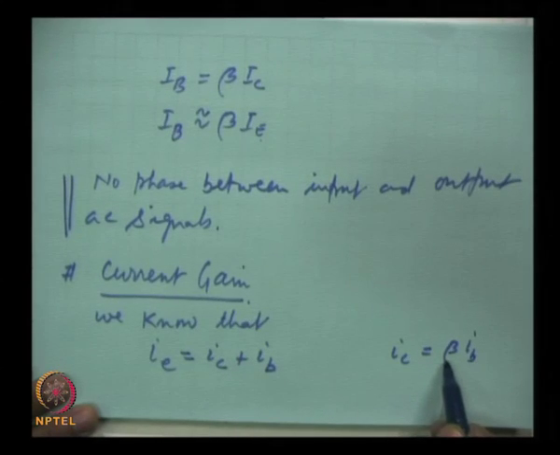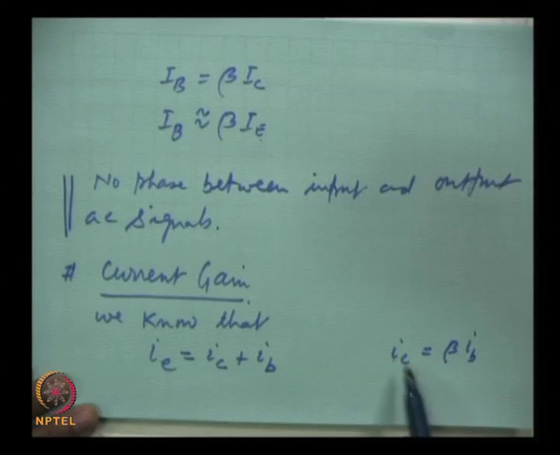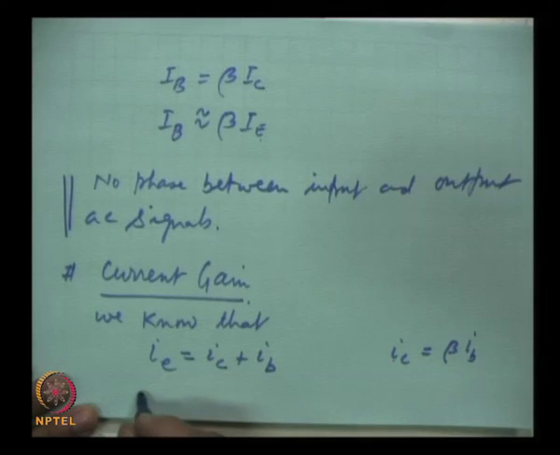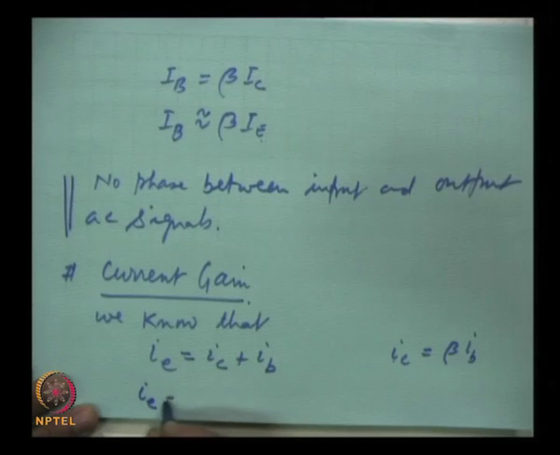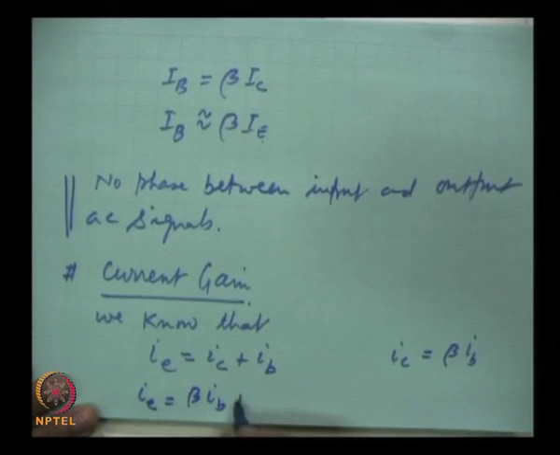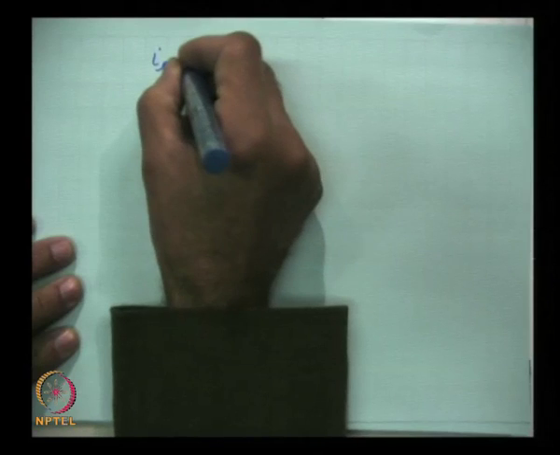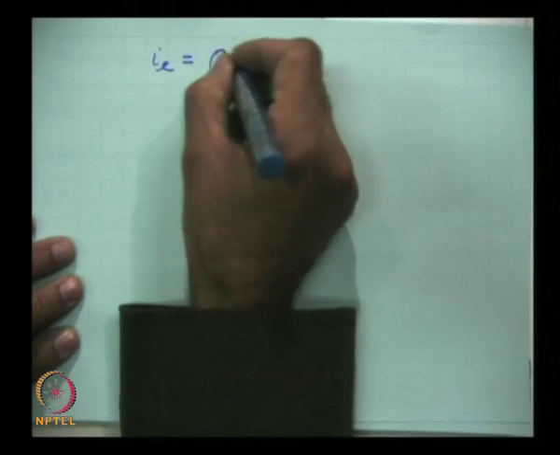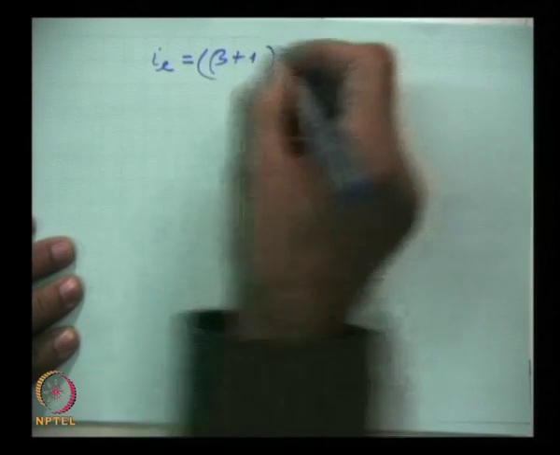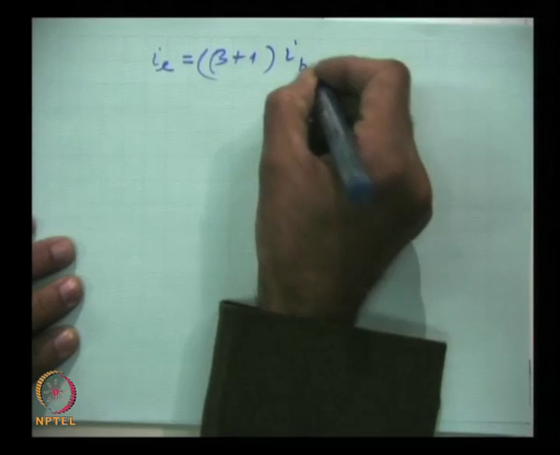Beta is the current gain which is the ratio of I c by I b, and so this equation becomes I e equal to beta I b plus I b. This becomes I e is equal to beta plus 1 into I b.